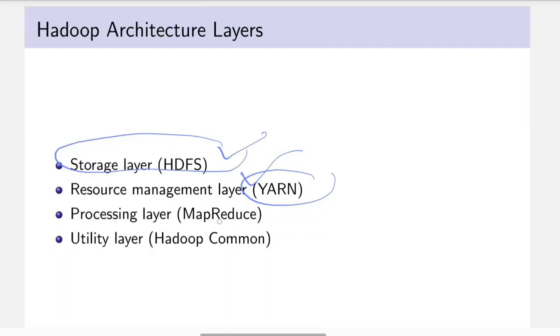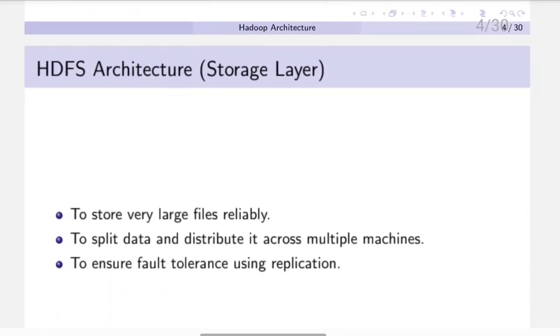The third layer is the processing layer, so MapReduce calculates the results. And the last one is the utility layer, that we call Hadoop Common, which provides us all the tools. Each layer has one clear job.